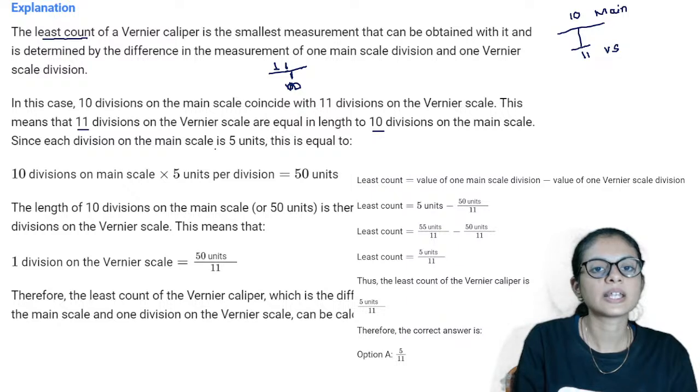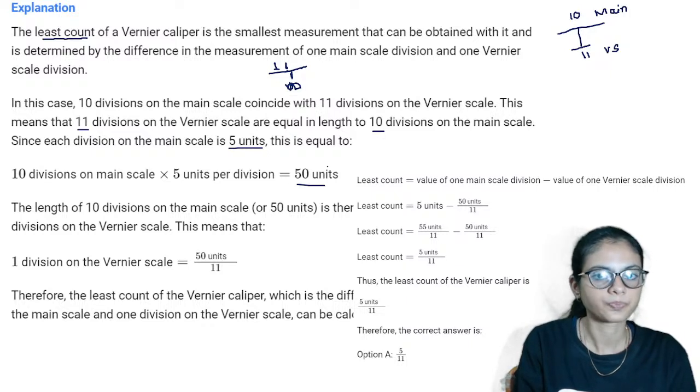Since each division of the main scale is equal to 5 units, this means that 10 divisions will be equal to 50 units.